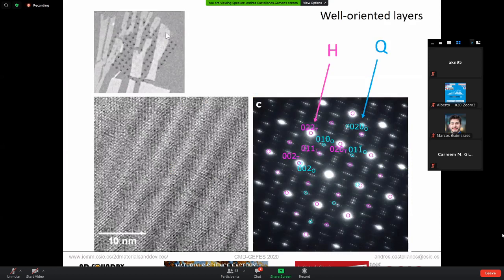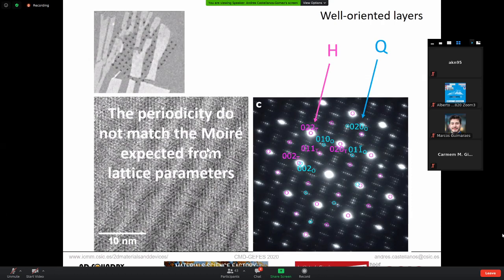These are Franckeite flakes on top of holes of a silicon nitride TEM grid with holes. In this top view TEM, we can see that indeed there are fringes with a period that matches these waves that people saw in the 90s. And in the diffraction pattern, we can clearly resolve the two different lattices, the hexagonal one and the pseudo-tetragonal one.